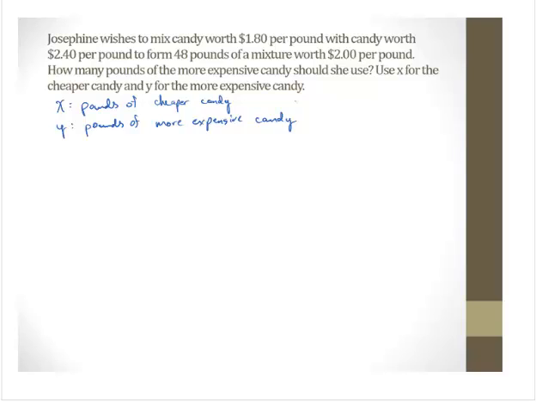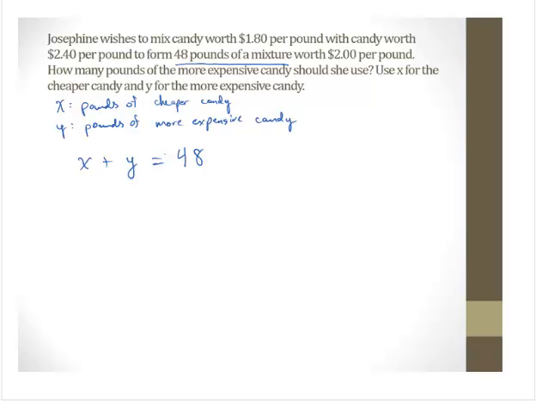Alright, so the cheaper candy is $1.80 per pound, and the more expensive candy is $2.40 per pound. She needs to make 48 pounds of a mixture. So we're mixing these two together. We have X pounds and Y pounds, so X plus Y must be 48.